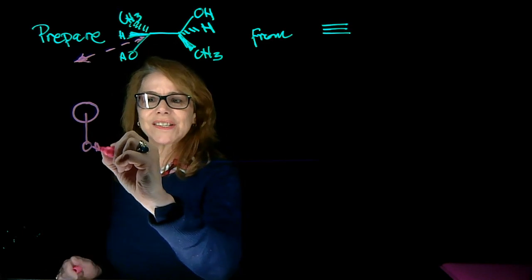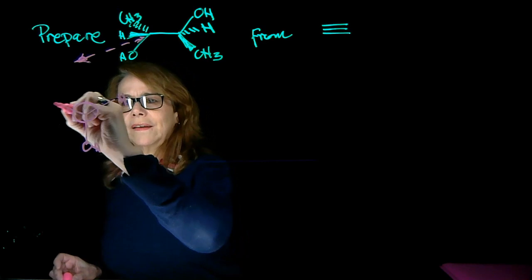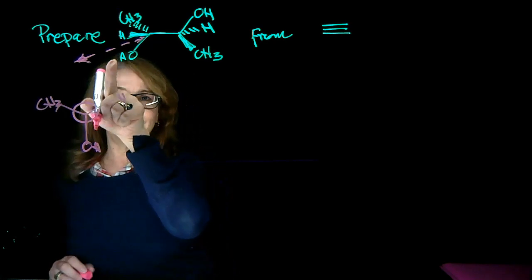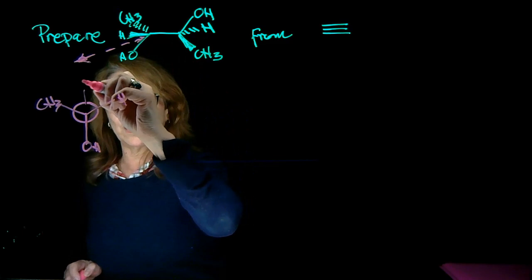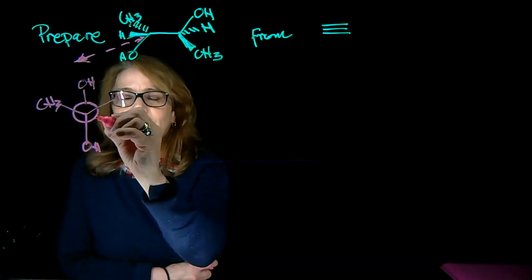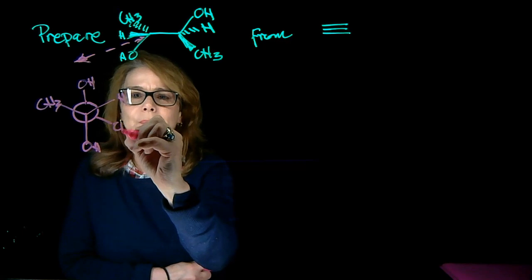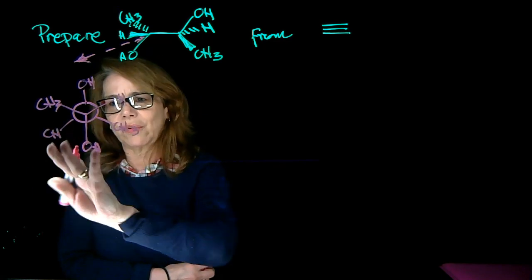So OH is here, and H is to your right-hand side. CH3 is here. And then from this point of view, this carbon is in the back, and you have an OH, right? And then to your right you have a CH3 and an H.